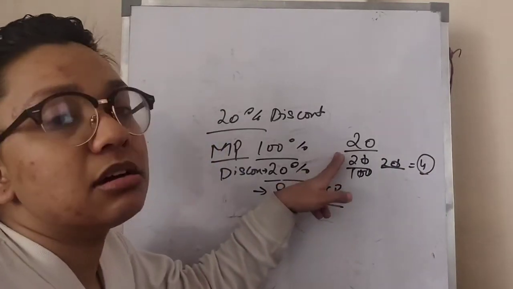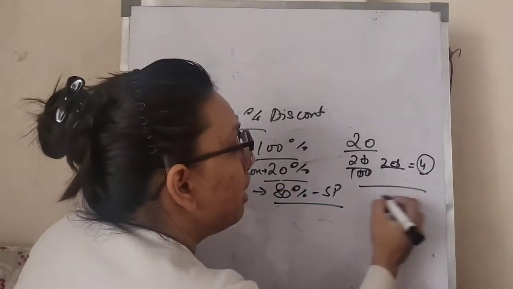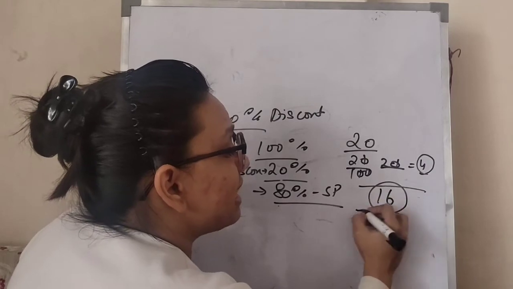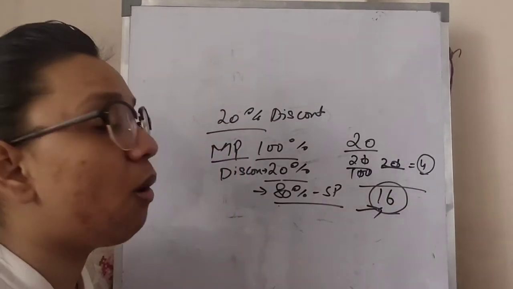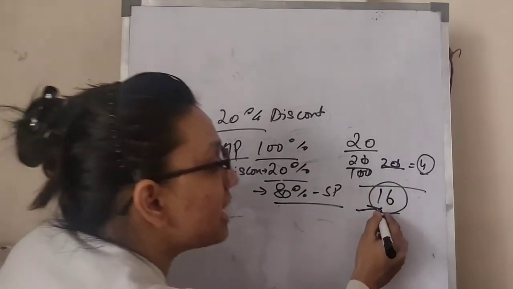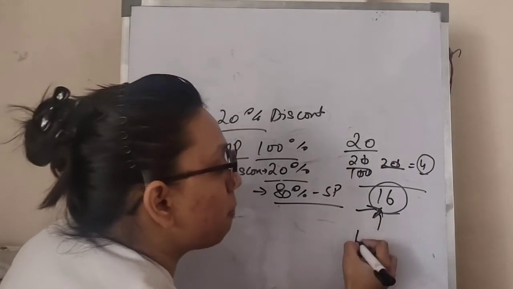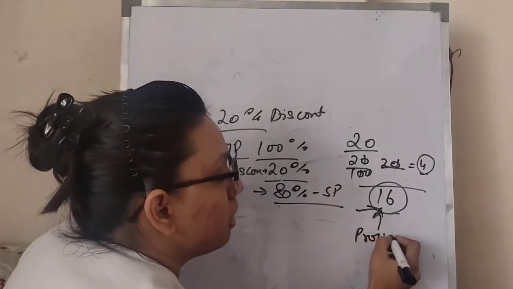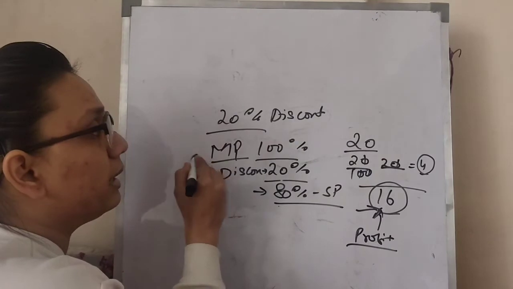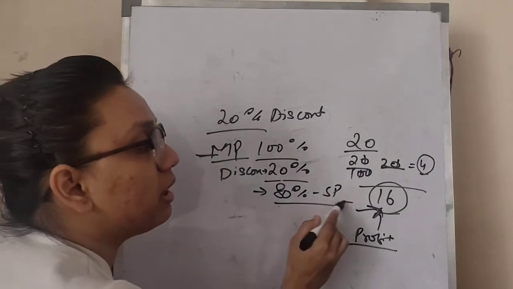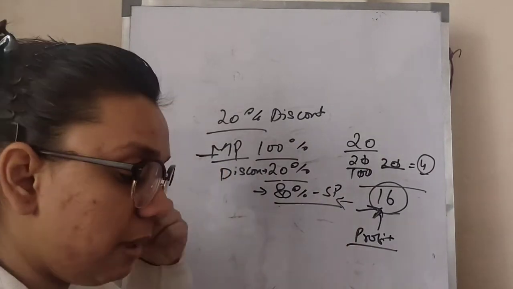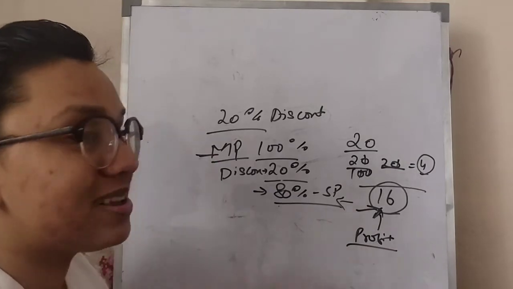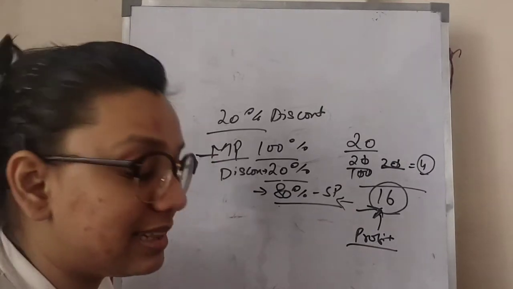That will be my discounting price. Then the remaining price, that is 16 rupees, will be your selling price, and this will include your profit part. So profit is not included in MP, profit is included only in SP. Keep that in mind, what the question is saying to you and how to maintain that.